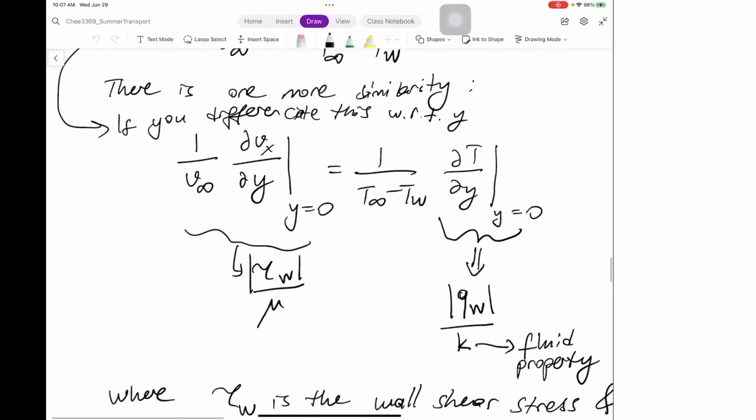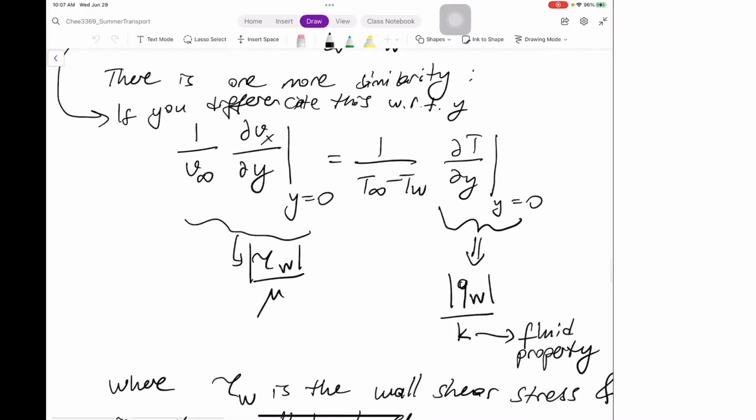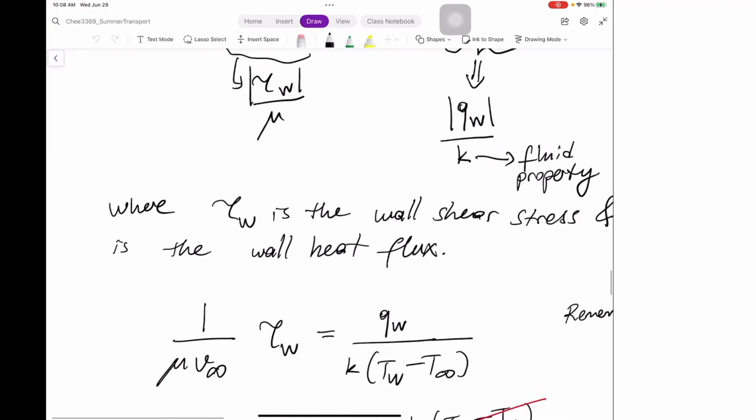Okay. And we said there are actually more similarities, like, for example, the shear stress near the surface is identical, up to a factor of multiplication, to the heat transfer rate or the flux at the wall.